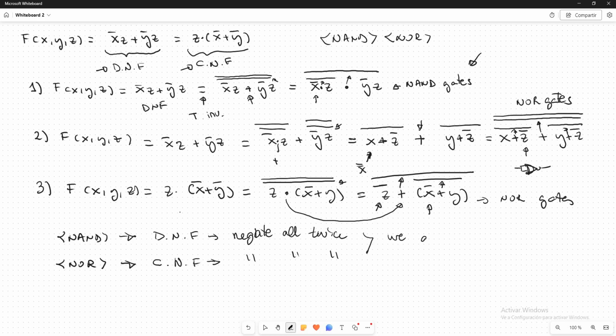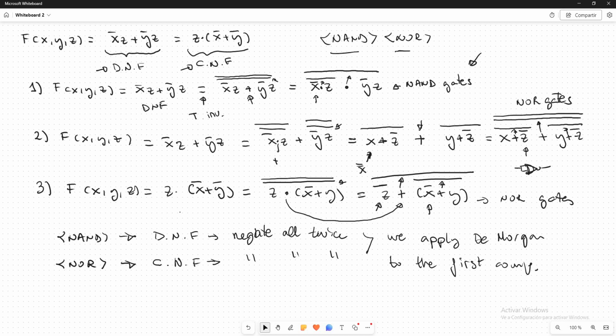We apply De Morgan's law to the first complementation, and we can implement functions just using NAND and NOR gates. You can see that algebraic manipulation, the Boolean algebra theorems, are really useful when working with digital circuits.